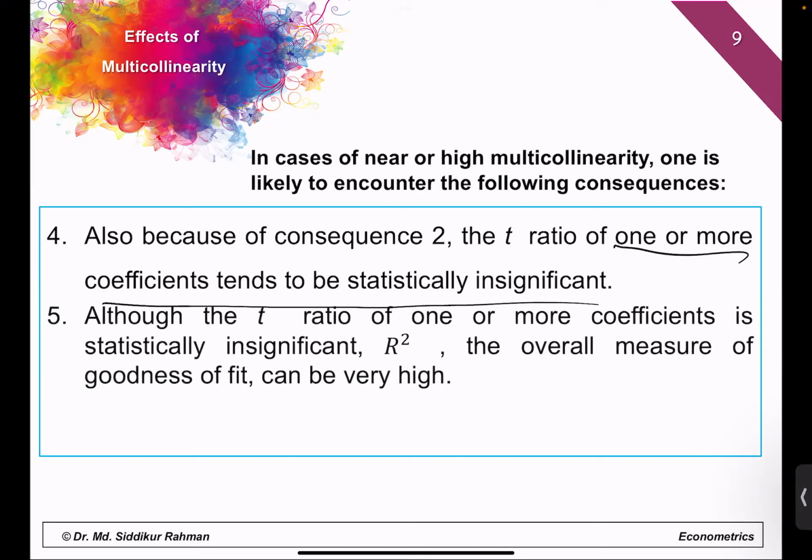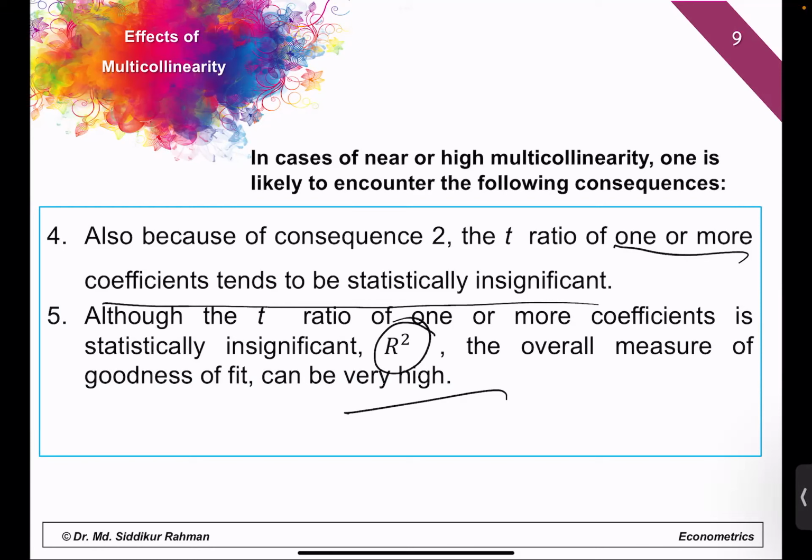I told you many times about R square, right? Normally when you have a multicollinearity problem, you can find an insignificant R square. That means the overall measure of goodness of fit can be very high, but you cannot say that the regression model is still valid.